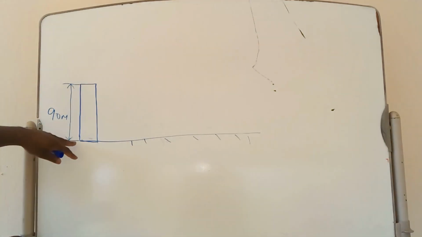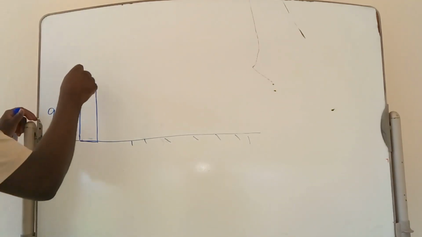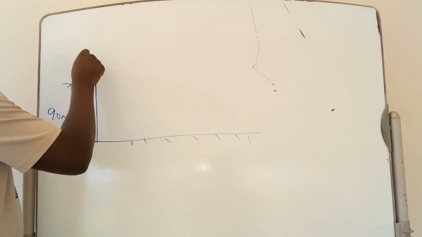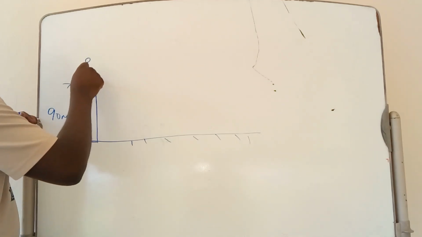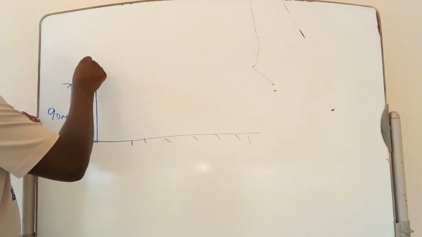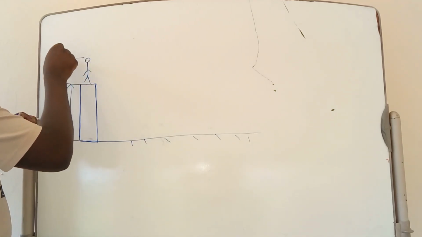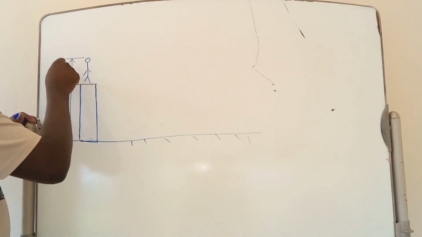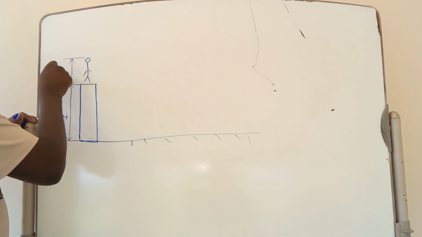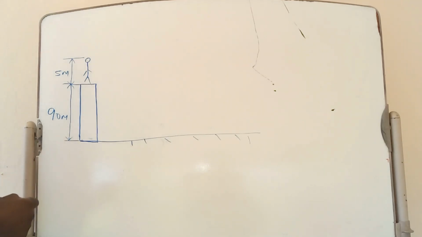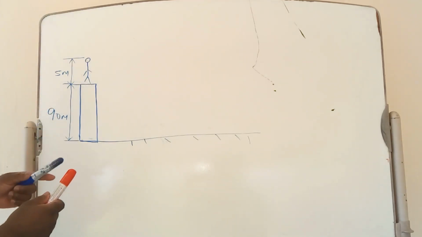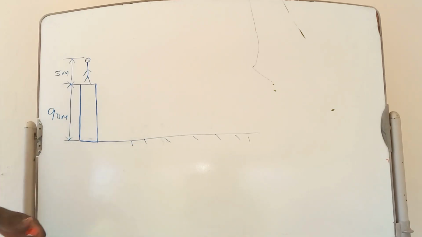So you're standing on the top of a building that is 90 meters tall, and your height is 5 meters, right? And you saw 2 cars parked on the ground, right?